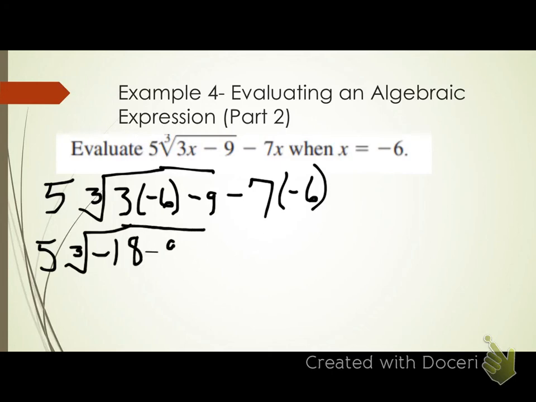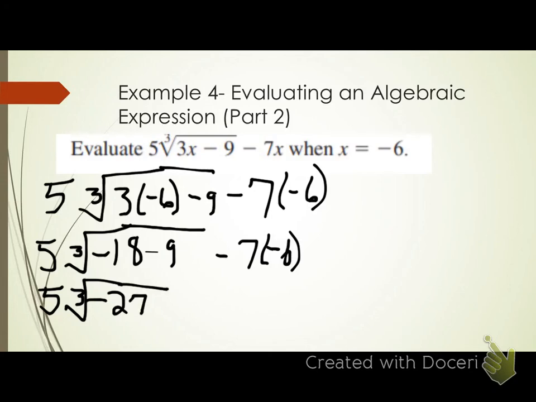Negative 18. And negative 18 minus 9? Negative 27. And finally, the cube root of negative 27? Negative 3.